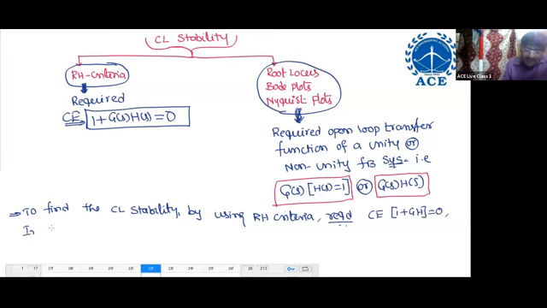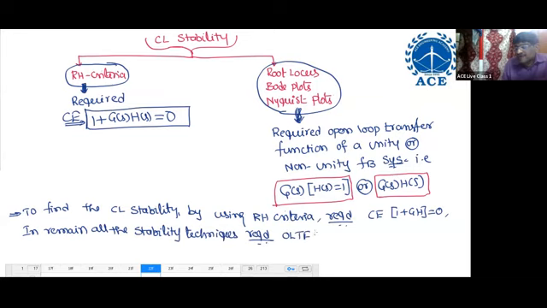In all the remaining stability techniques, we require the open loop transfer function, G(s)H(s), of a unity or non-unity feedback system. Be sure to remember this.